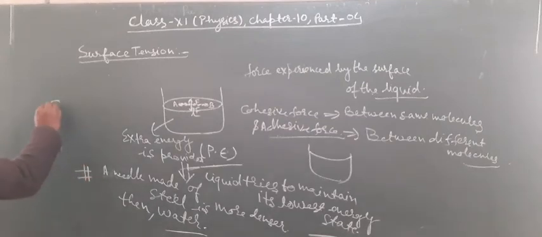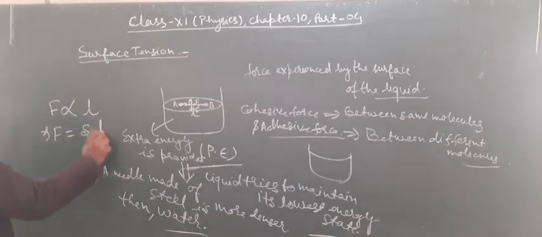So we can say F is directly proportional to L, and on replacing, F is equal to S times L, where S is the constant for a given liquid and is called force per unit length.